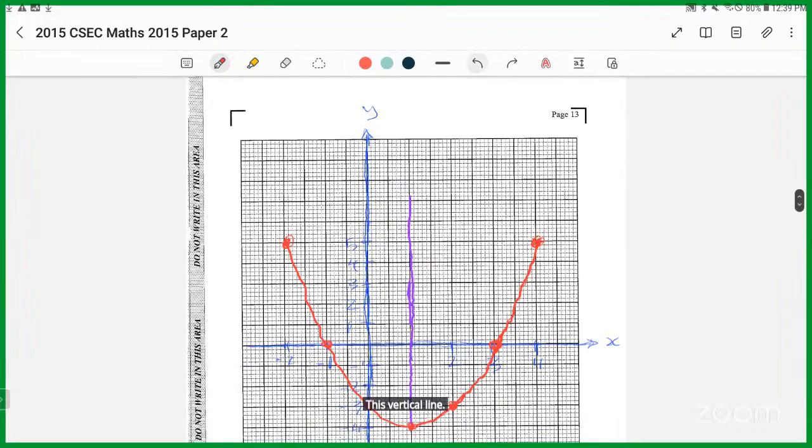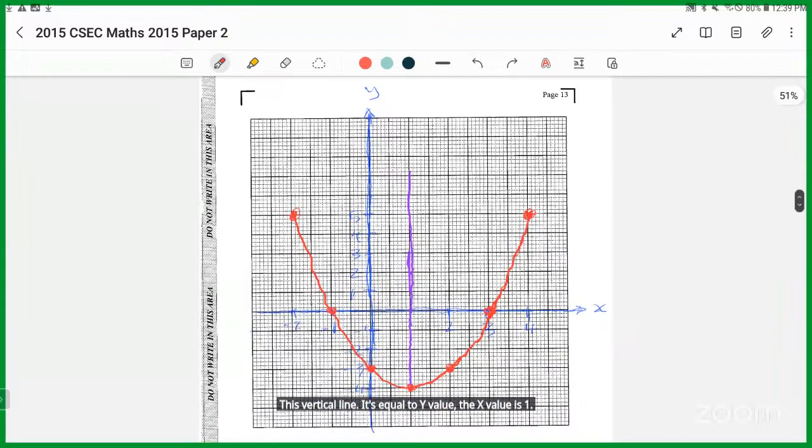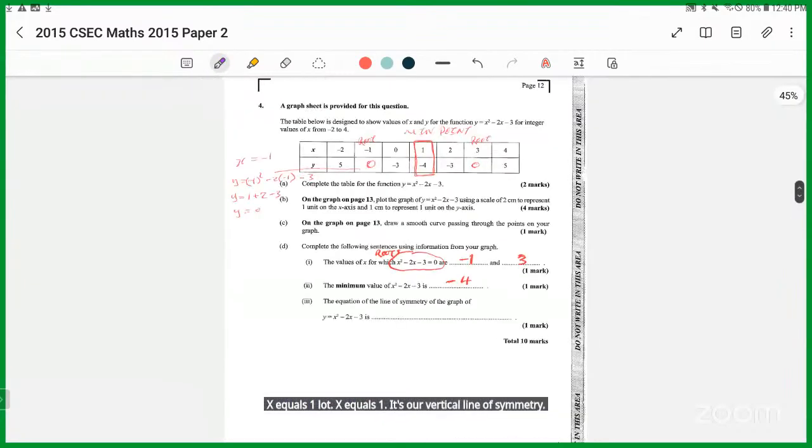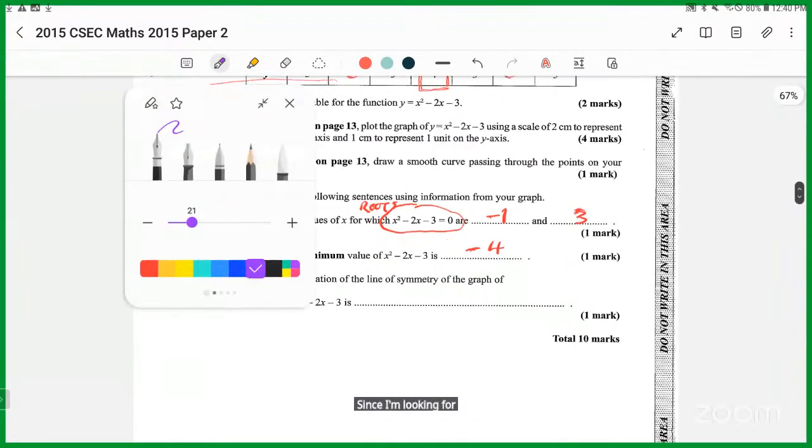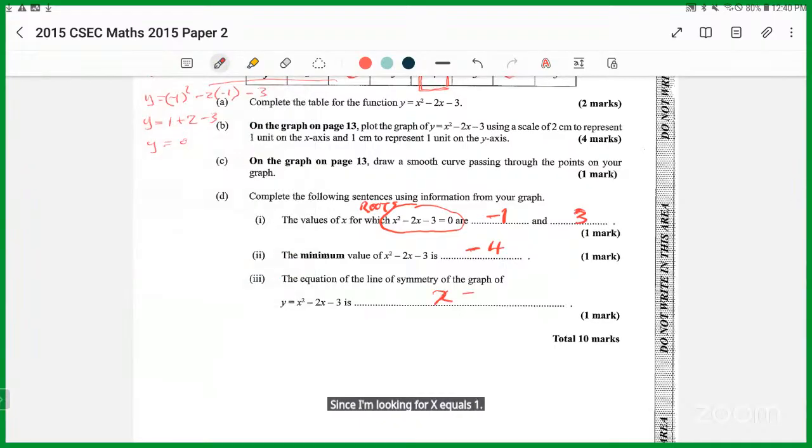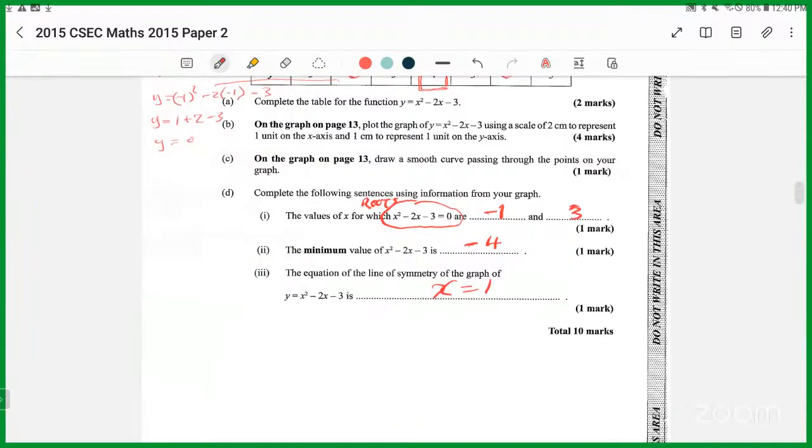The x value it passes through is 1. X equals 1 is that vertical line of symmetry. This question is looking for x equals 1. Answer, this is done.